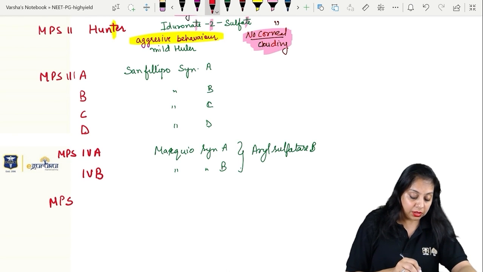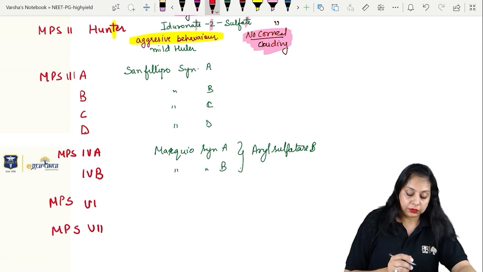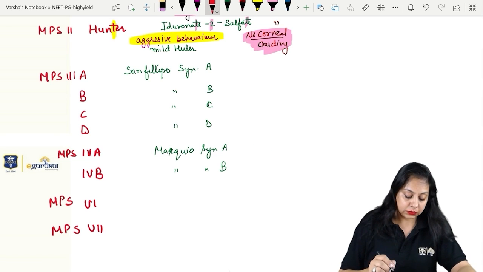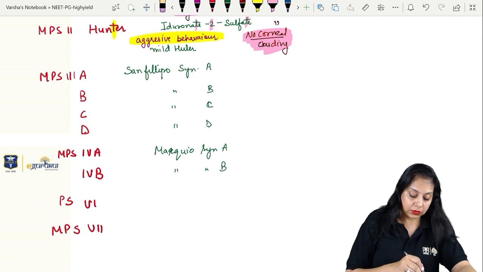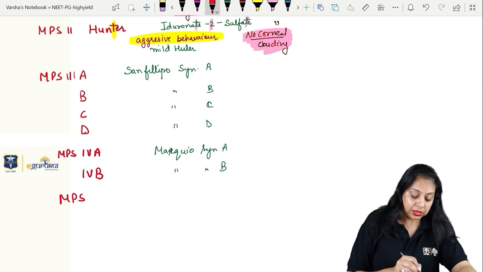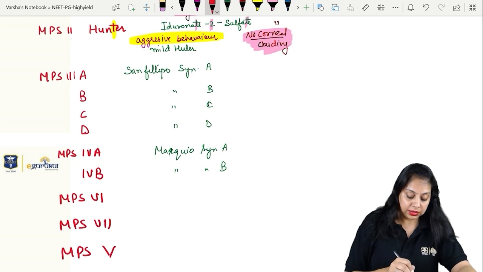After MPS 4A, 4B, you have MPS 6, MPS 7, MPS 9.